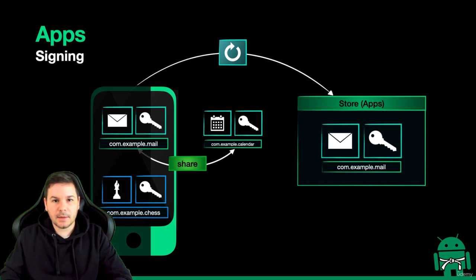So the developer can declare those activities, content providers, or other components with their own tag, which means if this application is signed by the same certificate, then those two applications can share this data through this connection. This means that these activities, content providers, or whatever we talk about are not exposed to the whole world.